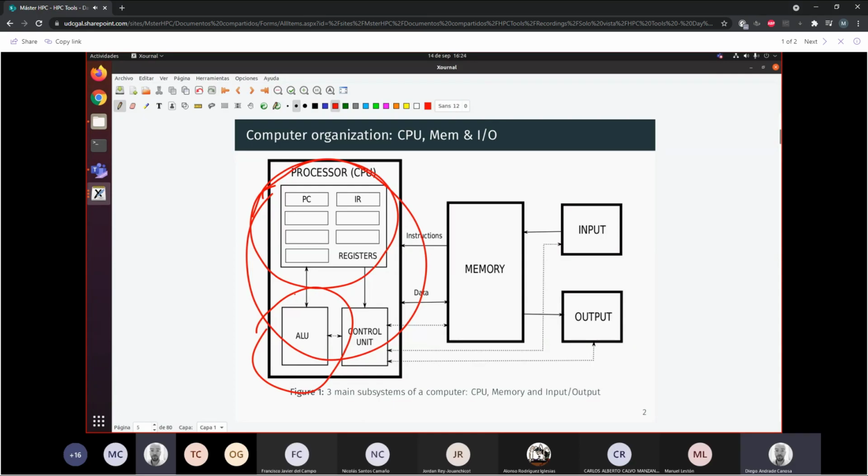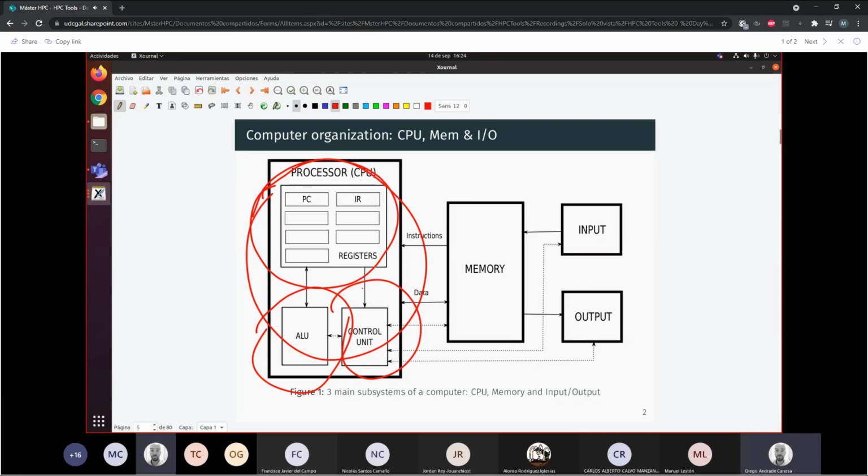And then it's going to store the result in a third register. In order to control the operation of the processor, we need something called the control unit.